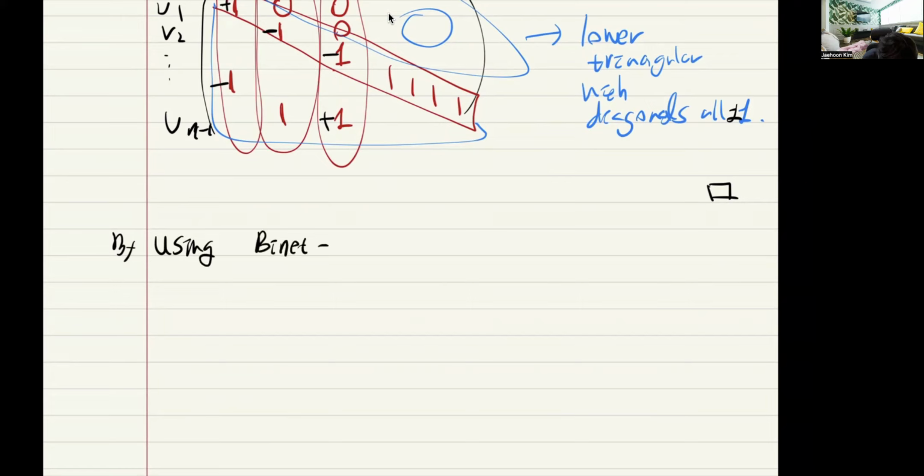By using this Binet-Cauchy formula, what do you have? Determinant of L_I, which is the principal cofactor, is what?